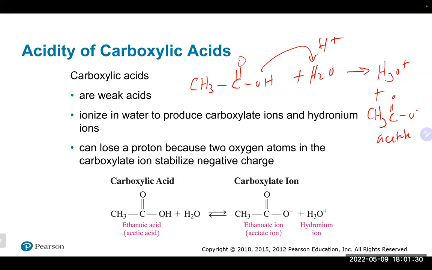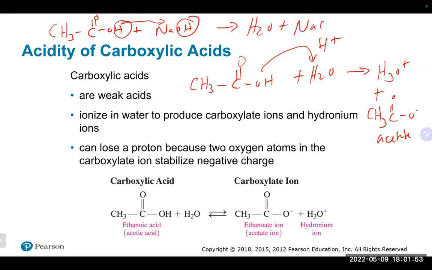It also could react with a regular base, like sodium hydroxide. If you took some acetic acid, or ethanoic acid, it will do a normal acid-base reaction. It's going to donate its H, and the H and the OH are going to make water. Then we would get some sodium acetate. I'll just write the formula instead of drawing it.